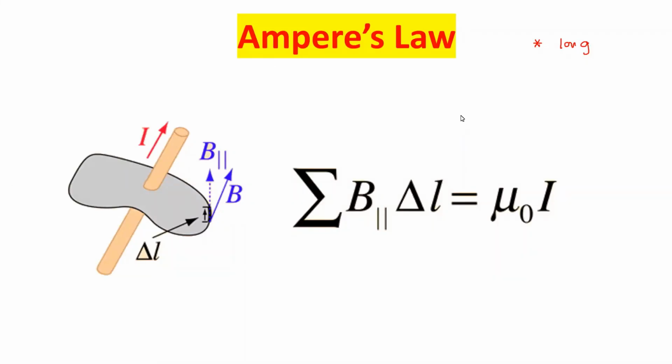Ampere's law. So can you remember these two equations we did last time? For a wire which carries current I, the B field created around it is given by mu naught I divided by 2 pi r. You remember this equation from last time?